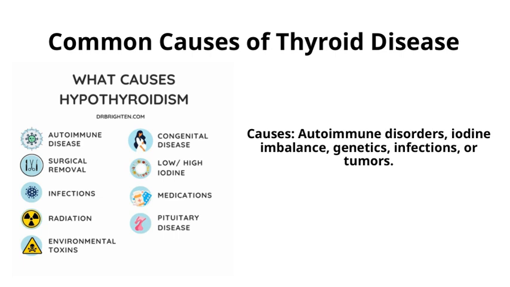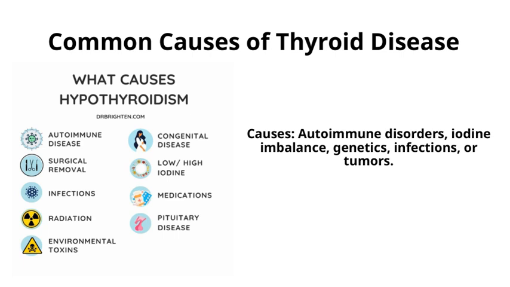If there's a family history of thyroid issues, you're more likely to develop similar problems, highlighting how hereditary factors influence thyroid health. Infections can sometimes affect the thyroid as well, either directly or through triggering immune responses that impact the gland. And finally, tumors, whether benign or malignant, can interfere with normal thyroid function or cause structural issues.